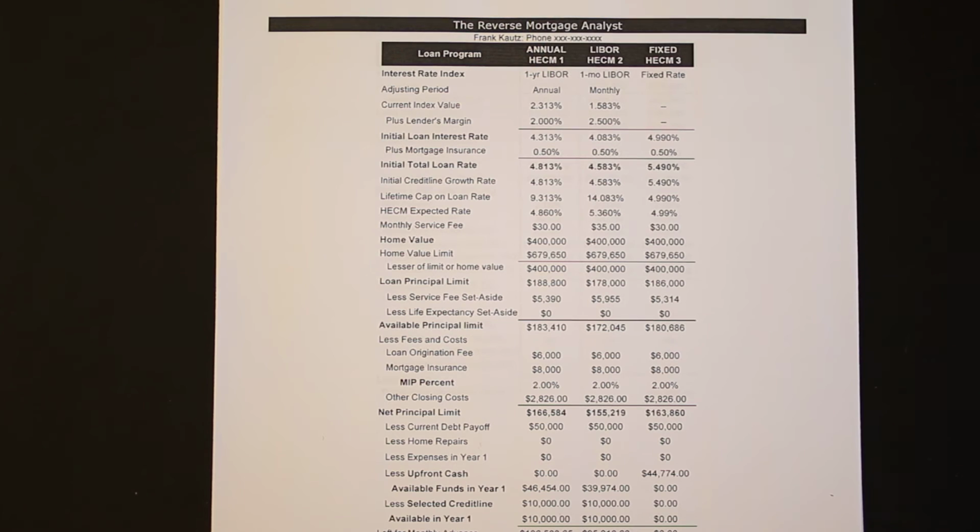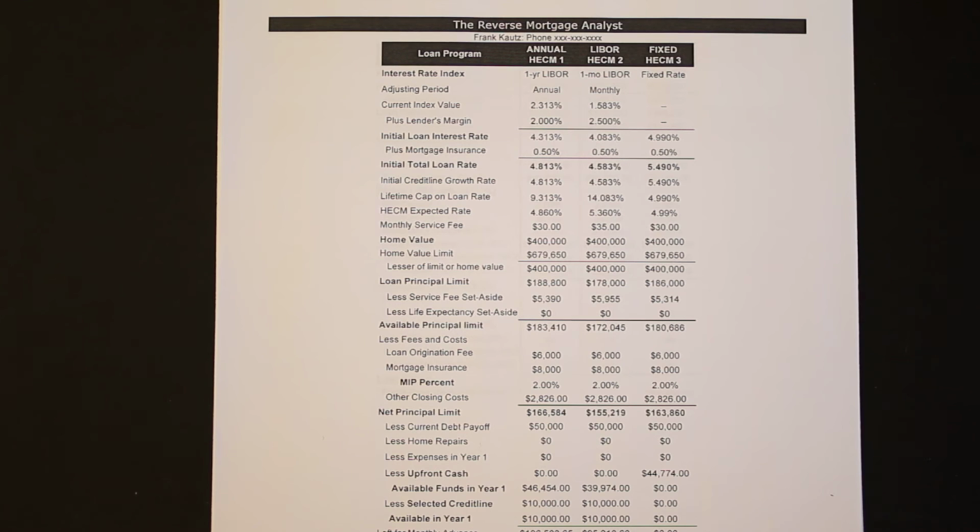If you have an annual adjustable, whatever that rate is on the anniversary of the day you took your loan, that's what it'll be for that whole year going forward. And every anniversary of the date you took the loan, that's when the rate will change. Whatever the LIBOR rate is that day, add that to your margin, and that will become the current rate. If you have a monthly adjustable, whatever that rate is on the first business day of each month, that's what it'll be for that month going forward.